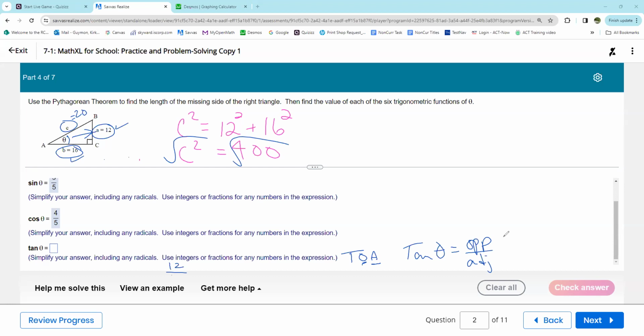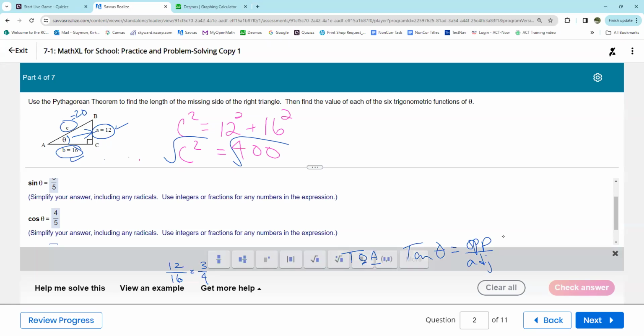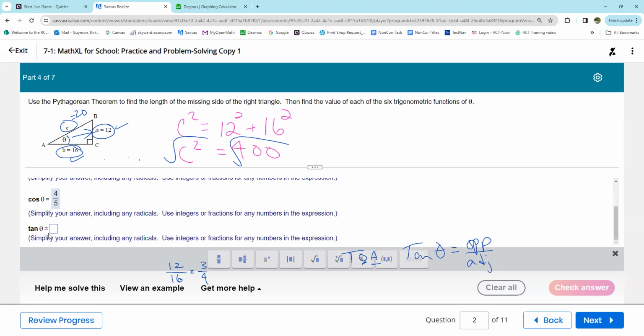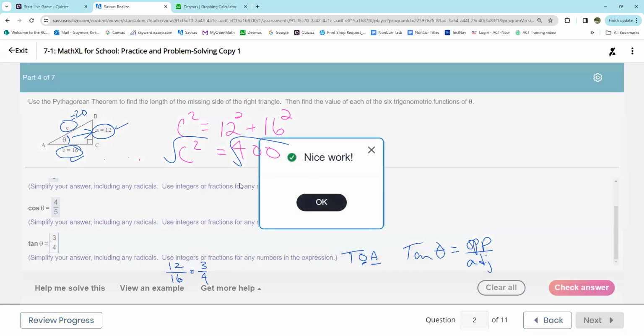Adjacent was the 16. Dividing 4 into each of these numbers, we'll have 3/4. So let's go put 3/4 in for the tangent and see if we got that right.